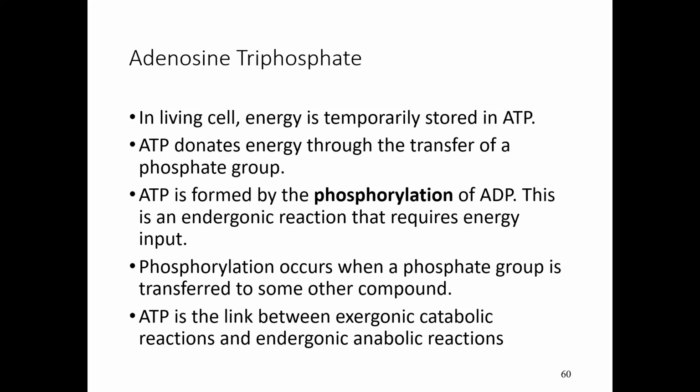Whenever we need to do something, contract a muscle cell, for example, or generate a nerve impulse, or pump the sodium-potassium pump, we need energy. So we grab a phosphate and we grab ADP, and we take energy from glucose and we jam the third phosphate onto ADP and make adenosine triphosphate.